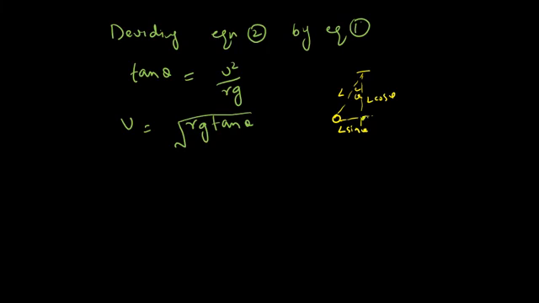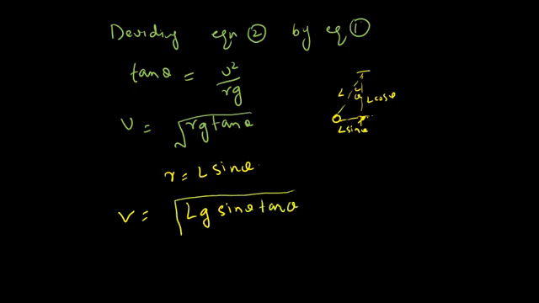L sin theta is along the radius vector, so R will be equal to L sin theta. Putting R equal to L sin theta, v will be equal to the square root of L g sin theta tan theta.